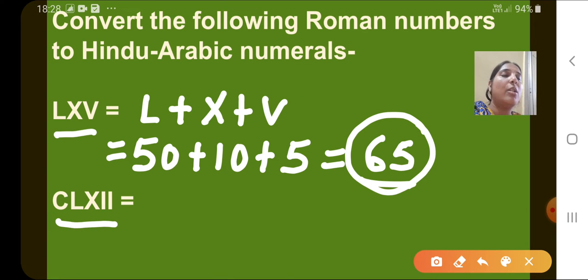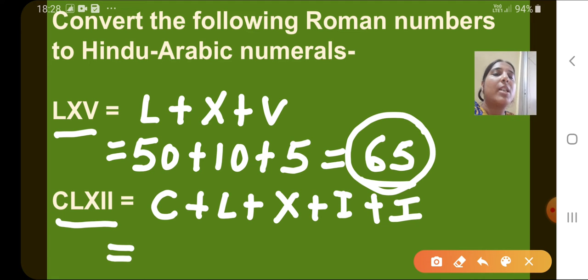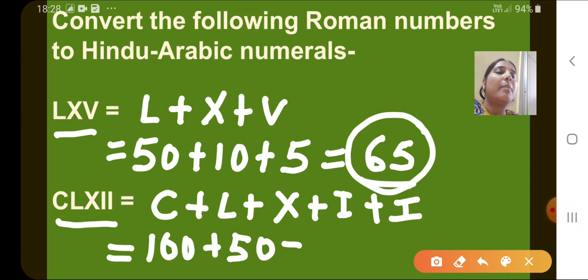Okay, now let's move to the next Roman number, that is CLXII. First let's break it up and write it: C plus L plus X plus I plus I. C stands for 100, plus L stands for 50, plus X stands for 10, and I twice, so together we can write it as 2.